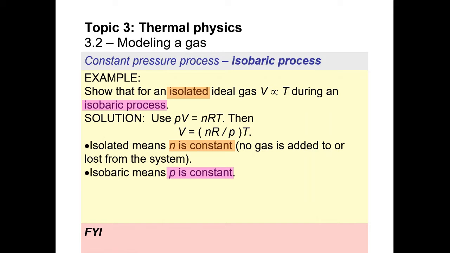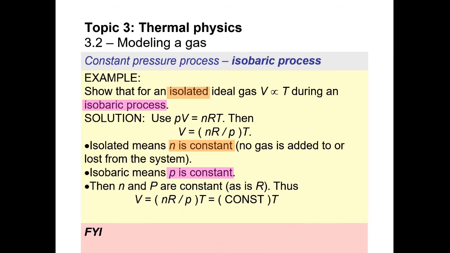So n and P are constant. Of course, R is also constant. So V equals nR over P times T. So nR over P is constant. That means volume is proportional to temperature during an isobaric process.